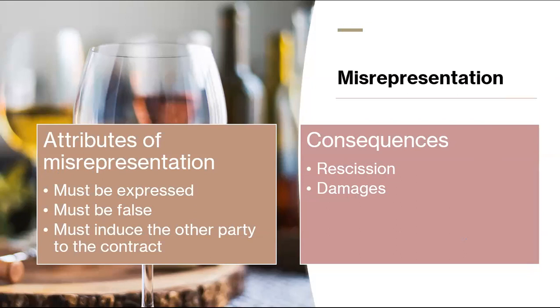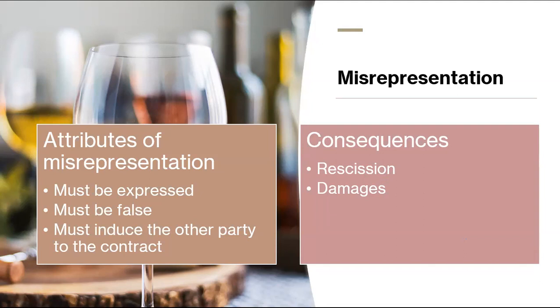As I said earlier, misrepresentation must satisfy at least three conditions, as I list here. And if a party realizes that he has been induced unfairly into a contract, then he must address this issue.